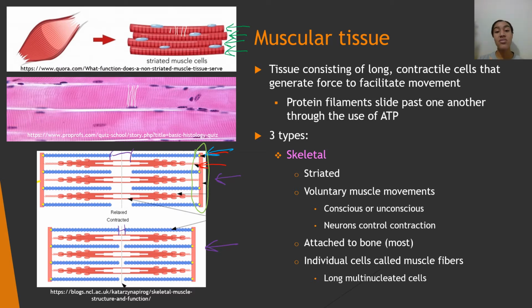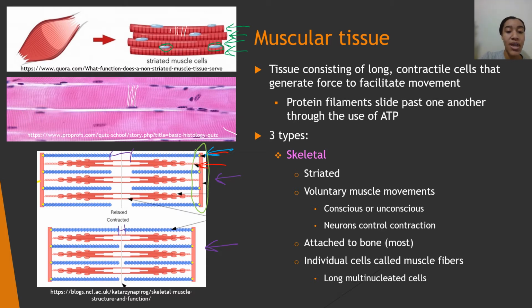So they're basically really, really long cells that have multiple nuclei. So in that picture up there, these blue disc looking things are supposed to represent the nuclei. And then the red is the long cell. You can also see that in this picture down here. This is one really long multinucleated cell.